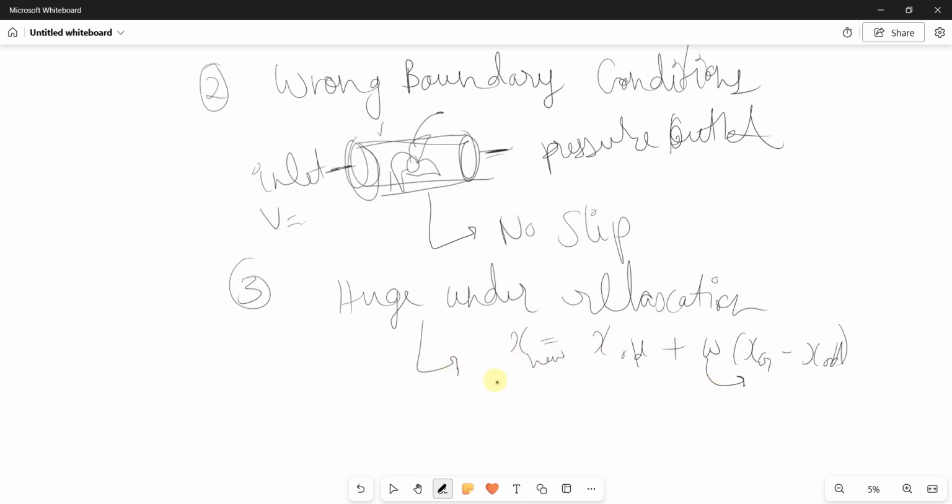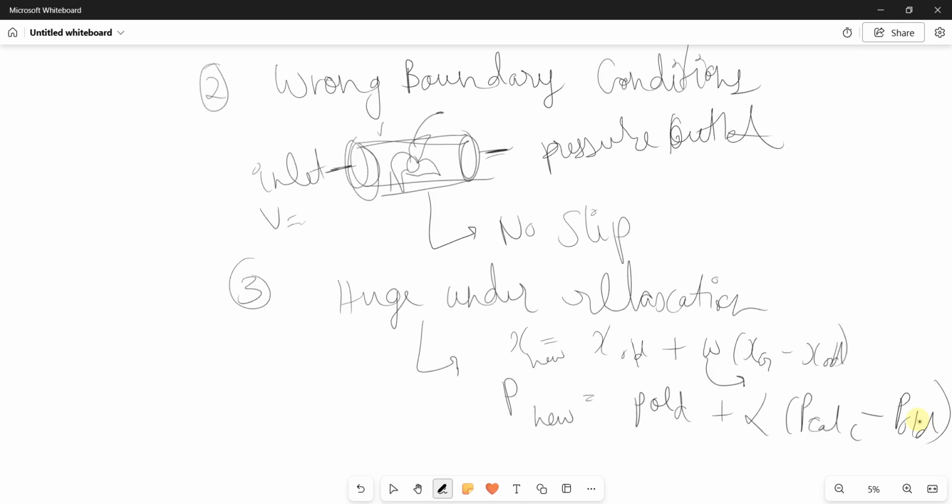Now here you can also do it in terms of the parameter terms. So p new is equal to p old plus alpha times p calculated minus p old, right?